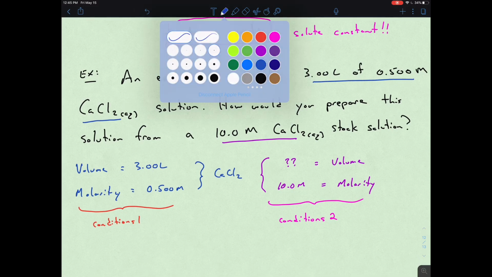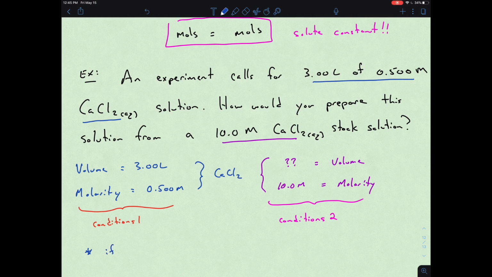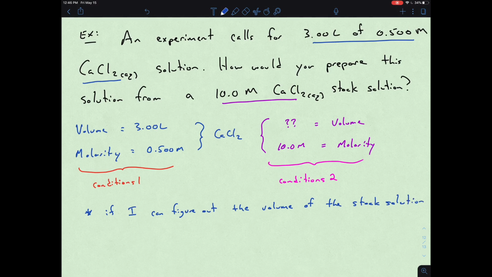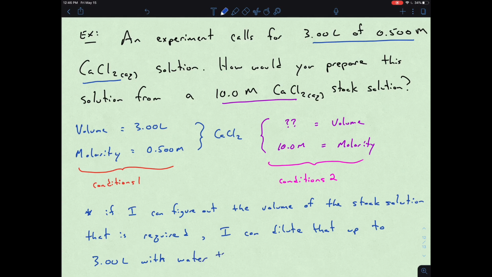So the game plan would be, if I can figure out the volume of the stock solution that is required, I can dilute that to the 3 liters, basically with water.